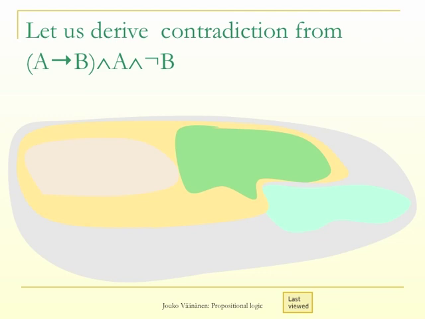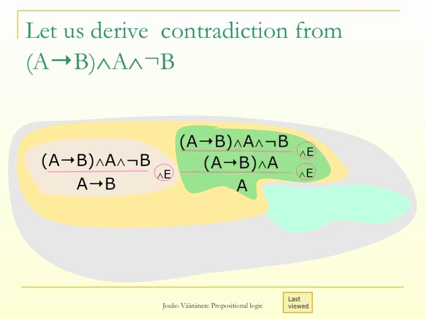So in natural deduction, we first derive A implies B from the assumption by means of the conjunction elimination rule. Then we also derive A from the assumption by means of two applications of the conjunction elimination rule.